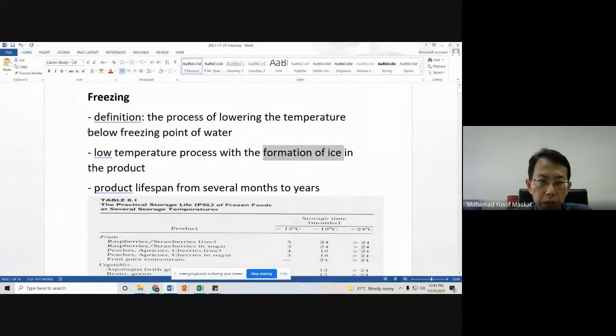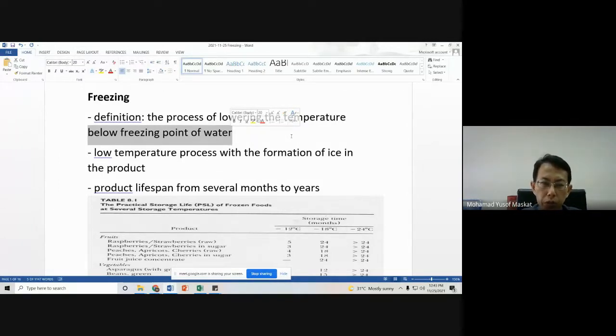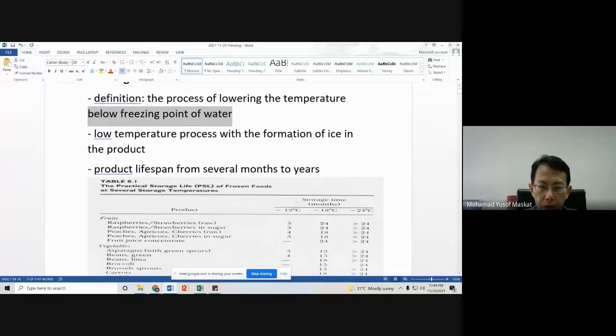When we reduce the temperature below the freezing point of water, there will be a phase change from liquid to solid. For chilling, there is no phase change, tidak ada perubahan fasa. But freezing involves a phase change from liquid to solid.